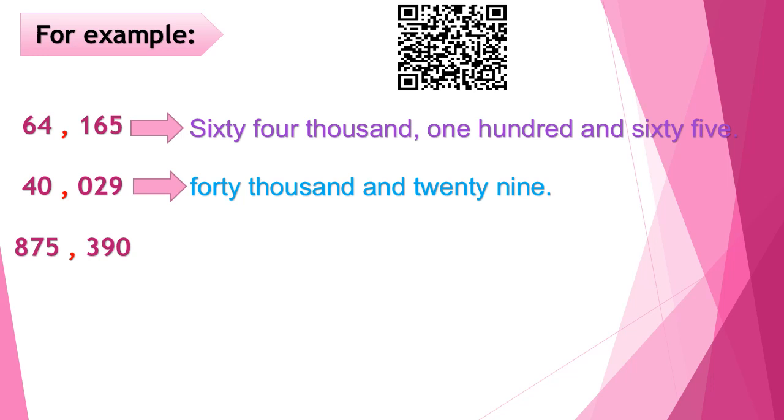Another example. Let's read from the left. 875,390. In the thousand family we have 875 and we have a comma, so we say thousand. 875,390.